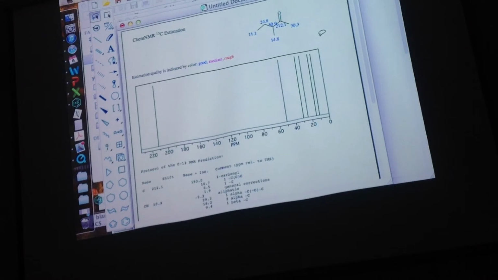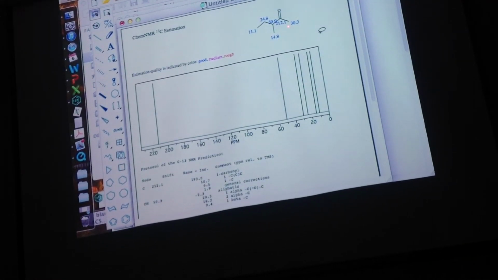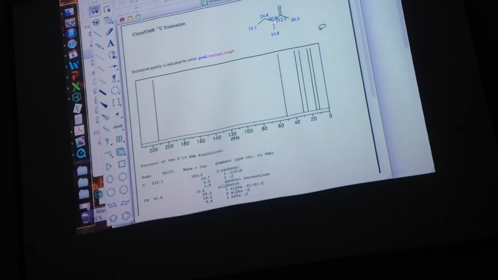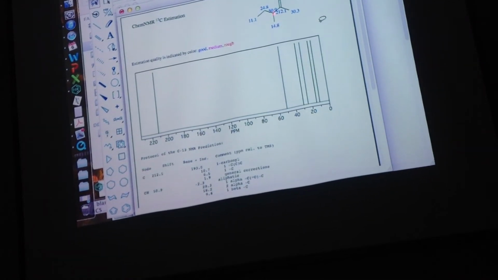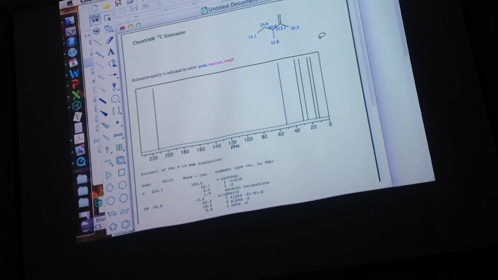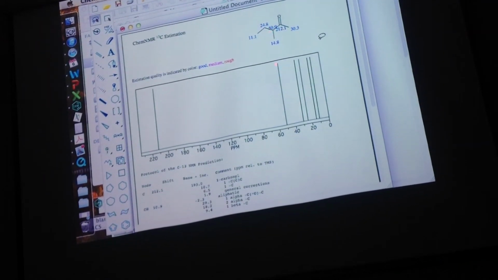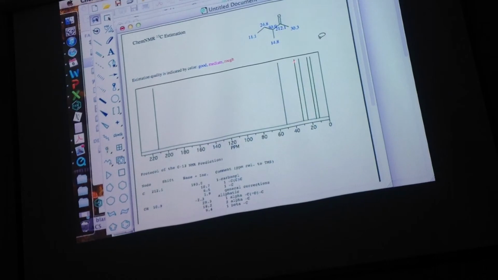They're not so incremental in C13, but you can see that this CH3 and the CH are the next most deshielded because they're closest to the C=O double bond. So there's 30, and that one's at 50 because it's more substituted. So it's that one and that one.